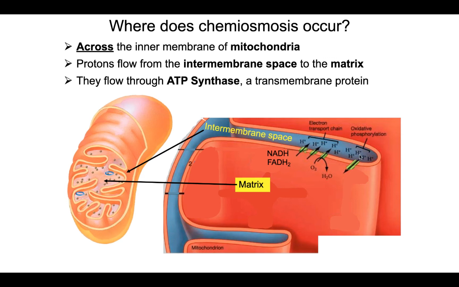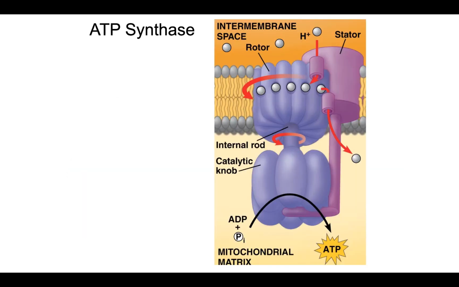As those protons move down their concentration gradient, that is how ATP is going to be made. The enzyme that harnesses the exergonic flow of protons down their concentration gradient to the endergonic production of ATP from ADP and inorganic phosphate is ATP synthase, and it looks like this.